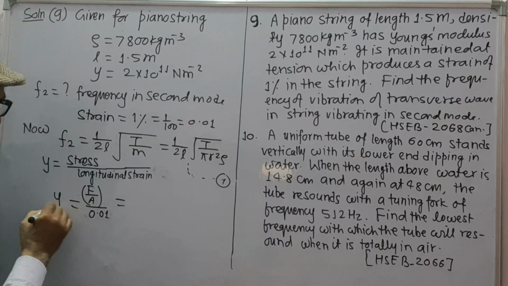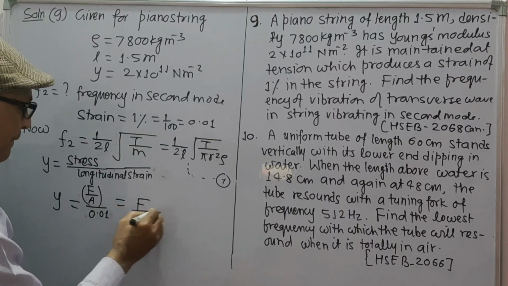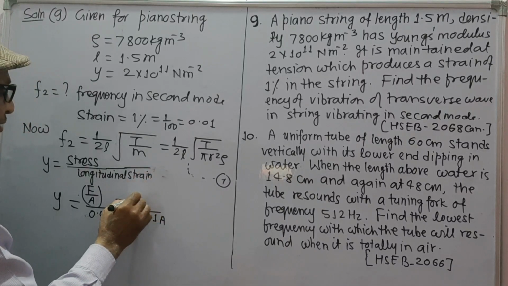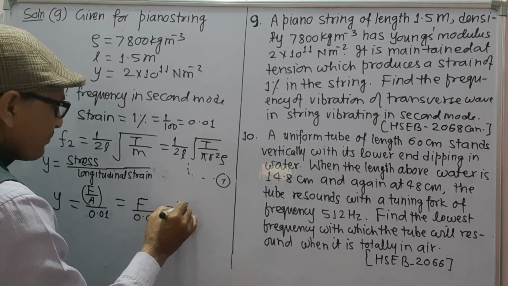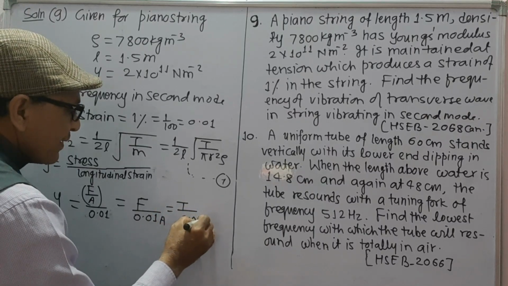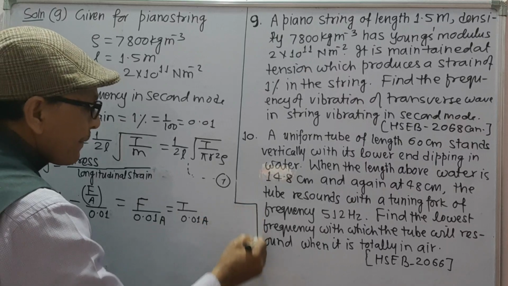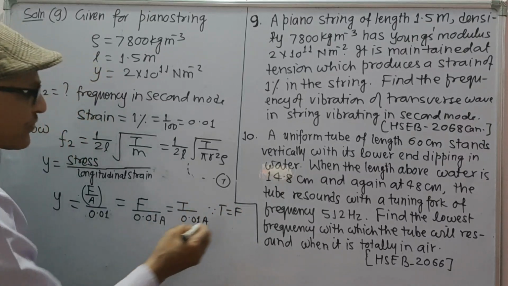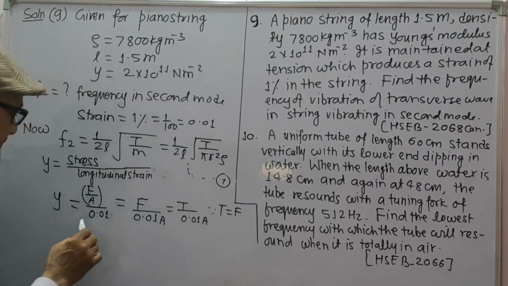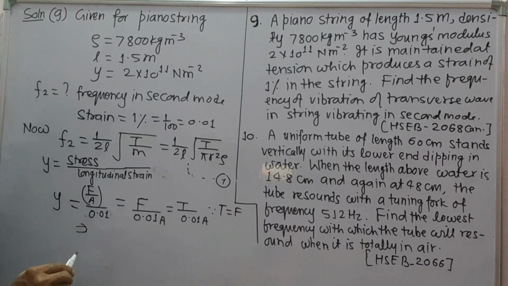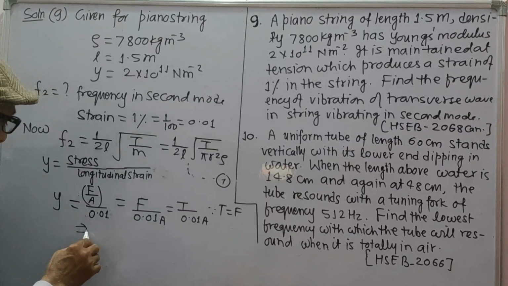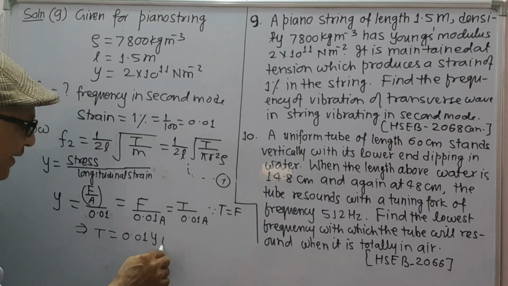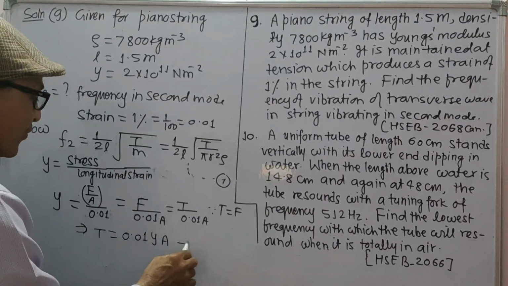So Y is equal to F upon 0.01 A. Force is equal to tension, therefore it can be written as T upon 0.01 A. Tension is equal to force, therefore T can be written as 0.01 YA, equation 2.